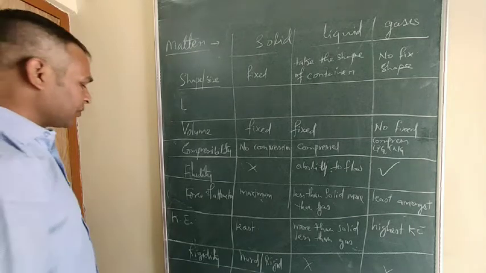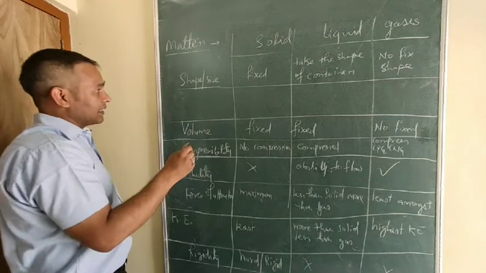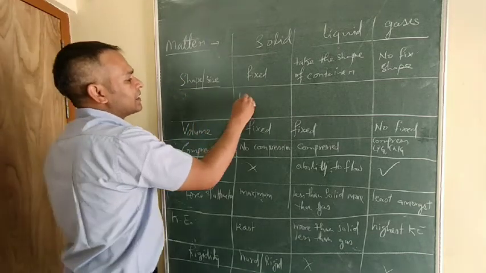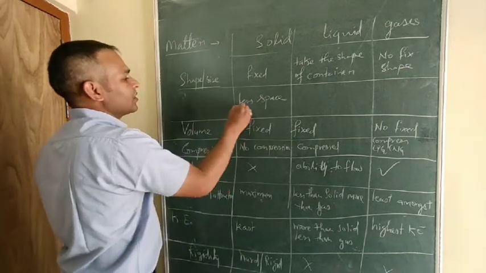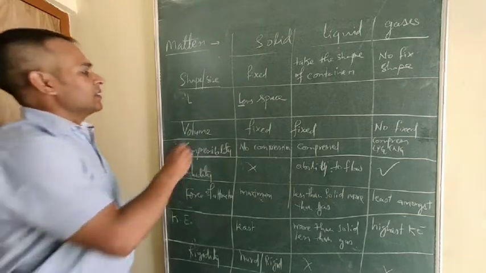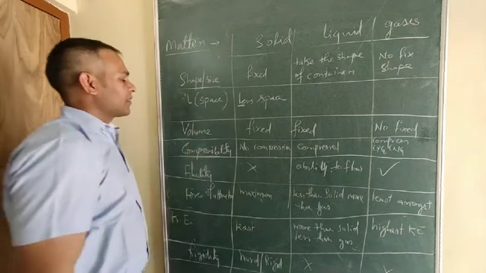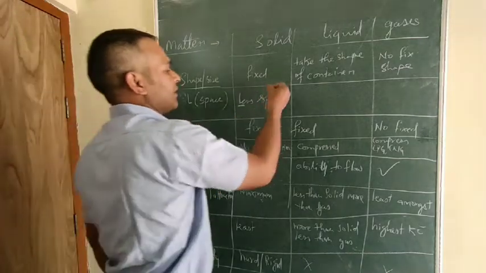स्पेस की बात कर रहे हैं हम यहाँ पे. स्पेस L की जगह आप क्या कर लेंगे, S स्पेस. Here it is less space. Because less space there, that is why it is written L. Right, but L is actually for space. Now you can see it is having the less space.